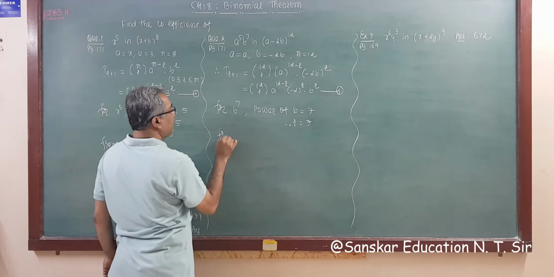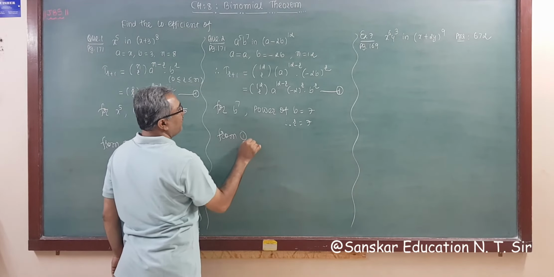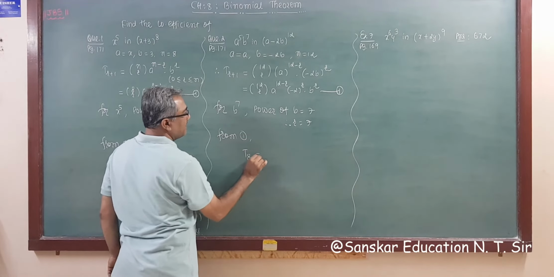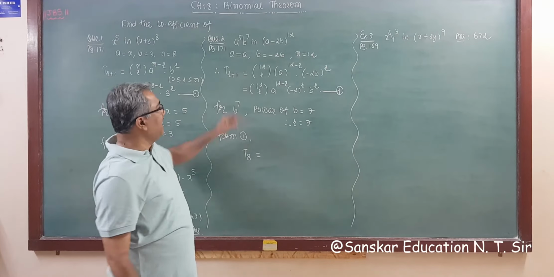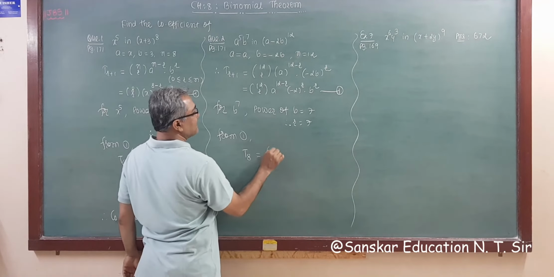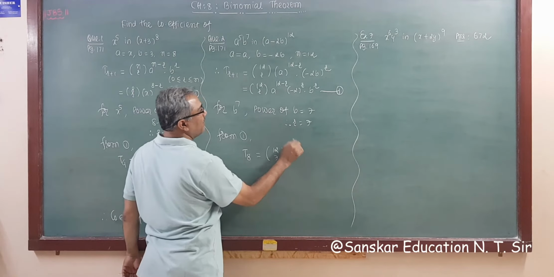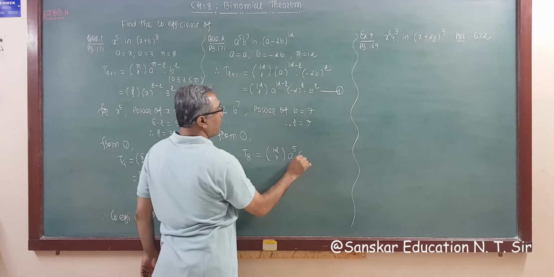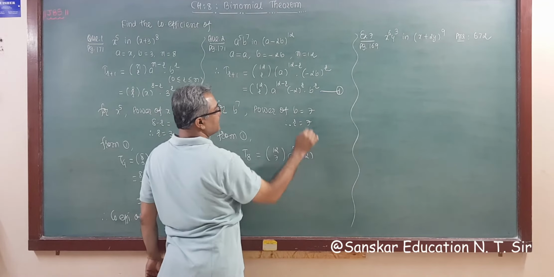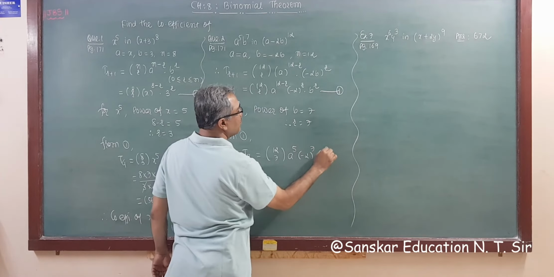So from 1, we get T8, that is 7 plus 1, T8 is equal to 12C7, a raised to 5, 12 minus 7 is 5, minus 2 raised to 7 and b raised to 7.